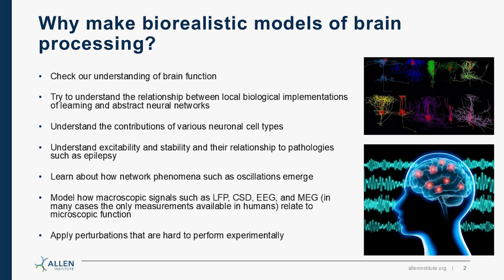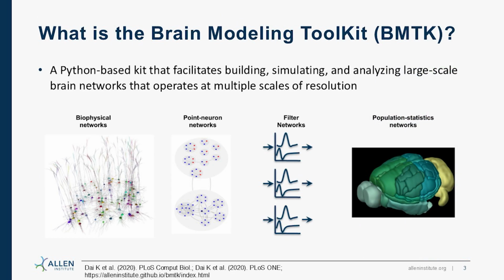And with this kind of biorealistic network, specifically biophysical networks, we can understand better how these signals and how different impairments in the signals come about, and gain a better understanding of brain functions and do manipulations that we cannot do experimentally, since we have these tools that allow us to do different levels of resolutions and perturbations to our networks. For that, the Brain Modeling Toolkit was built.